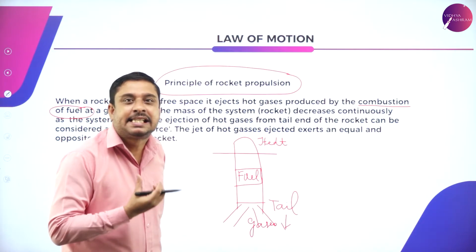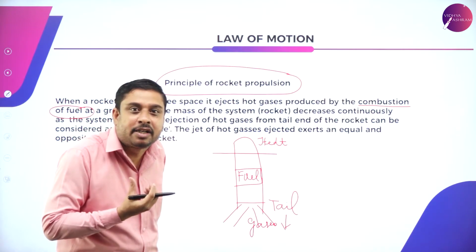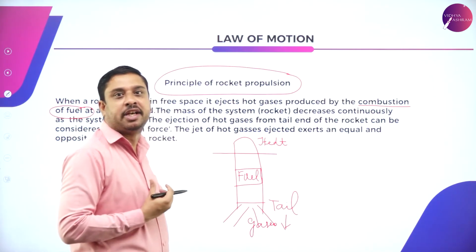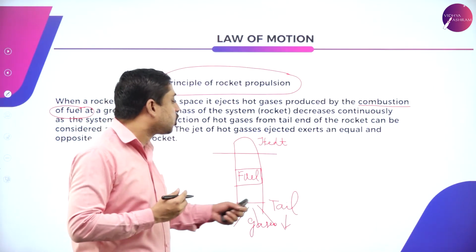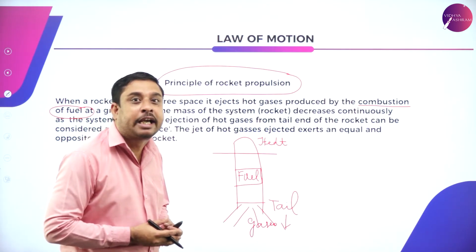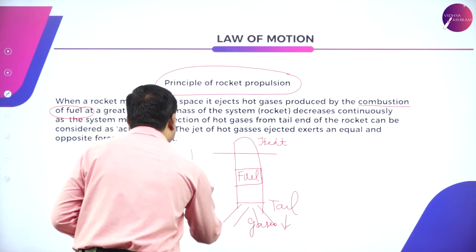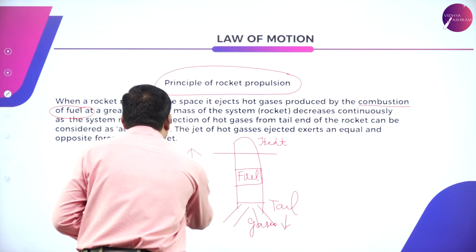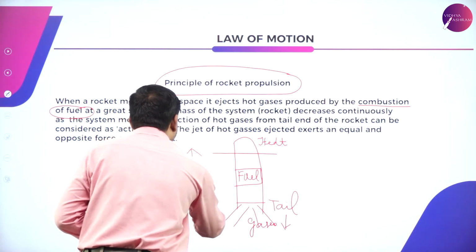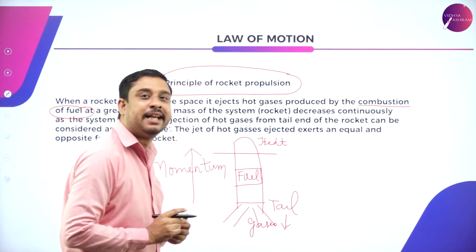All excess gas, which is the resultant of the combustion, is thrown out from the tail of the rocket, which means the rocket will gain momentum in the opposite direction.